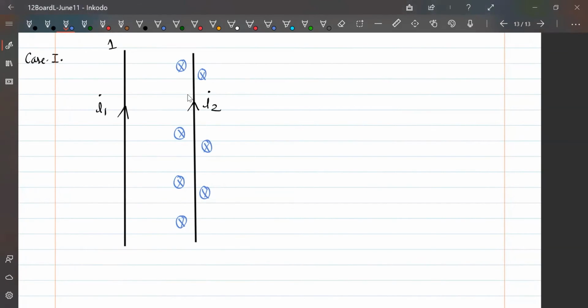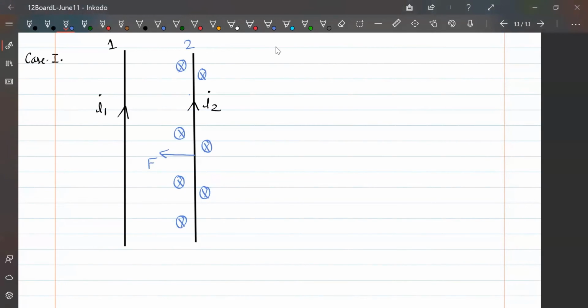The direction of the force will be towards the first conductor. Due to the magnetic field of the first conductor, the second conductor is attracted towards the first conductor.